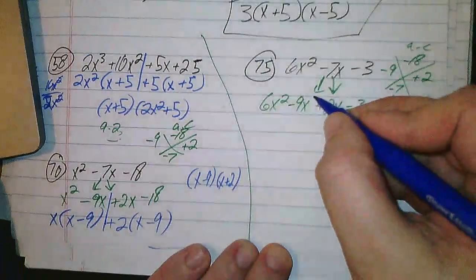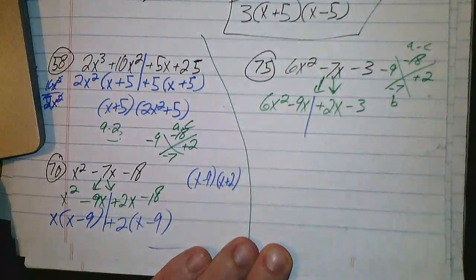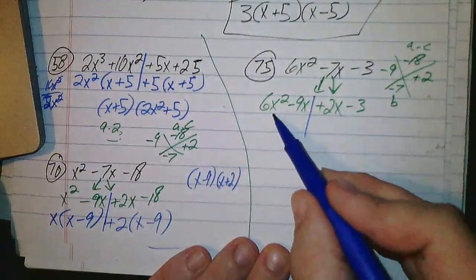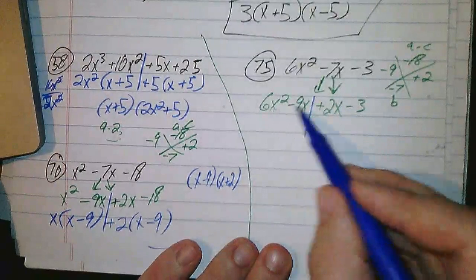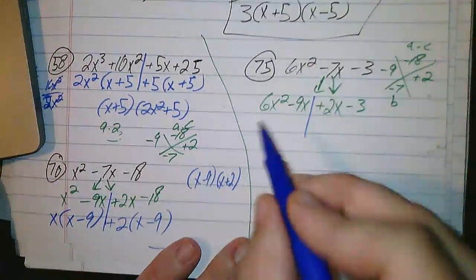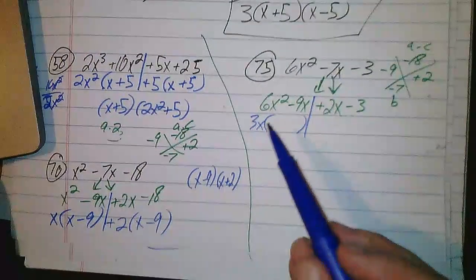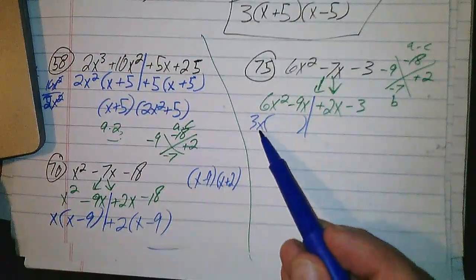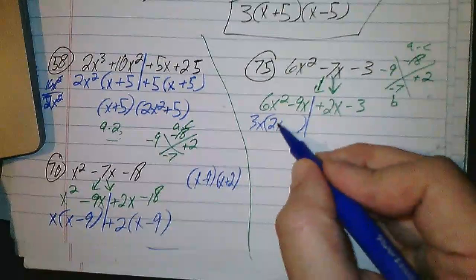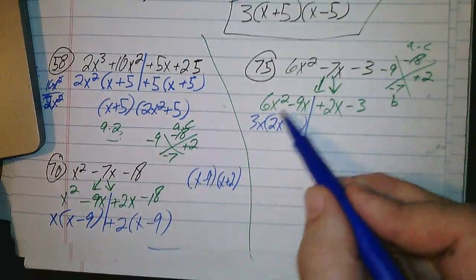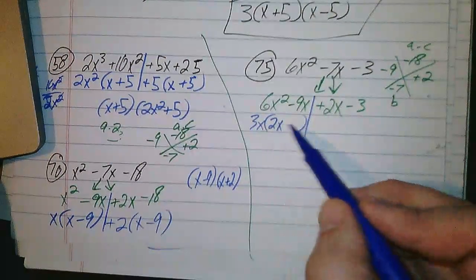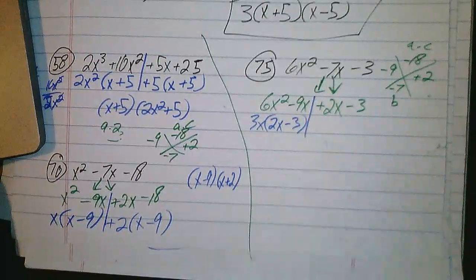Now we have 4 terms and we factor by grouping. On the left, 6x squared minus 9x, I can factor out 3x. 6x squared divided by 3x is 2x. Negative 9x divided by 3x is negative 3.